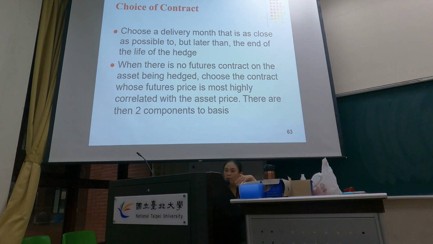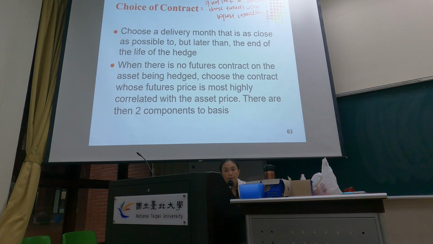In that case, you have to choose the one that has the highest correlation to your underlying. Okay, so basically, if not 100% identical, choose futures with highest correlation, which is the tau.